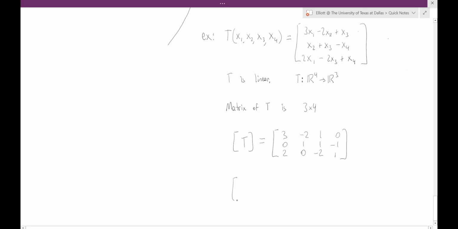If you take this matrix and you multiply it with x1, x2, x3, x4, then the matrix vector product will equal the output of your transformation, okay?